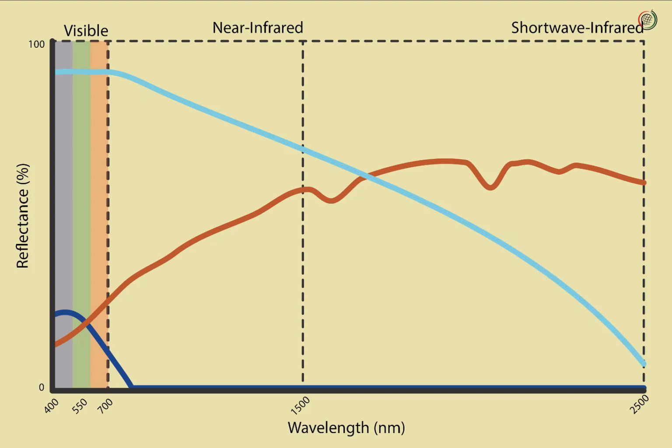Okay, let's take a look at one more feature class. How about vegetation like a forest? A healthy forest looks green to our eyes, which means that it is reflecting more green wavelengths than blue or red. This is why we see a dramatic bump in the reflectance of vegetation in the green wavelengths, around 550 nanometers. What about vegetation in the near infrared?